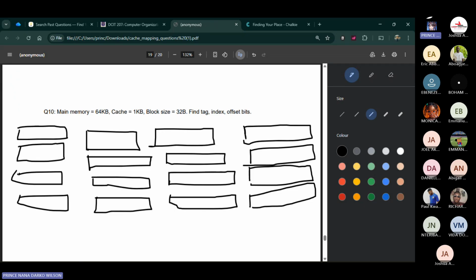Remember, those cache lines are basically the spaces in which data are held, okay? Now, if a particular architecture uses direct mapping, let's give all these cache spaces names. So let's say this is A, this is B, this is C, this is D, or line 1, line 2, line 3, line 4.